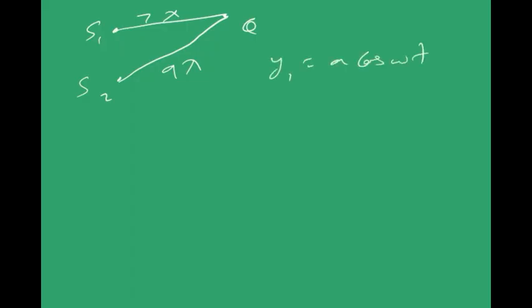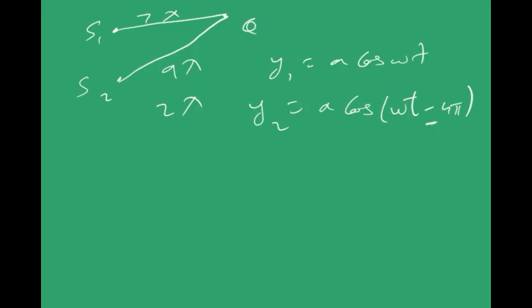Now consider the same situation, S1 and S2 coherent sources, but now you are calculating the resultant wave at some point Q, where S1Q is, say, 7 lambda, that is 7 times the wavelength, and S2Q is 9 lambda. What happens here? If y1 is A cos omega t, then y2 is given by what? The path difference is 2 lambda. That corresponds to a phase angle of 4 pi, so it is minus 4 pi, since S2Q is longer.